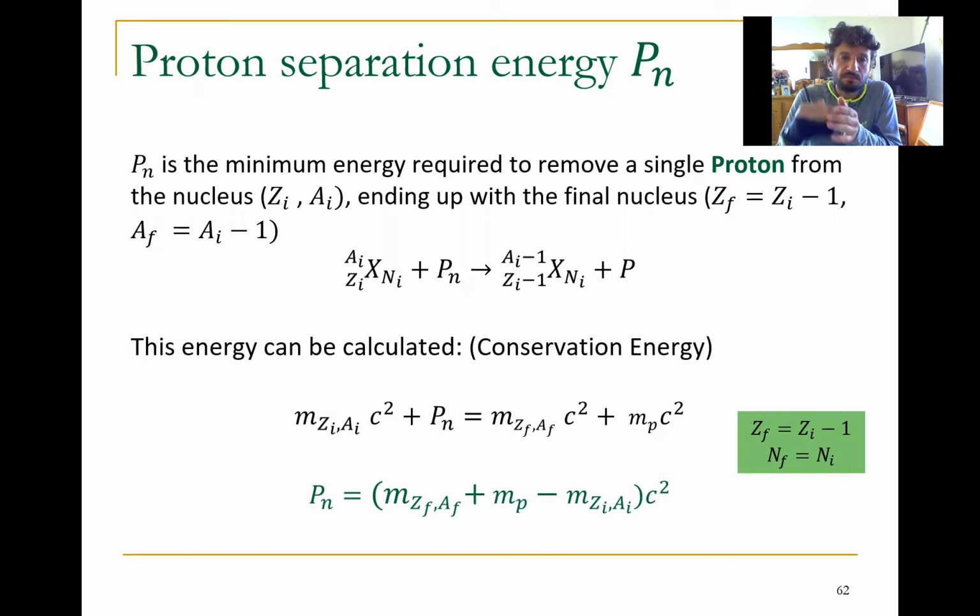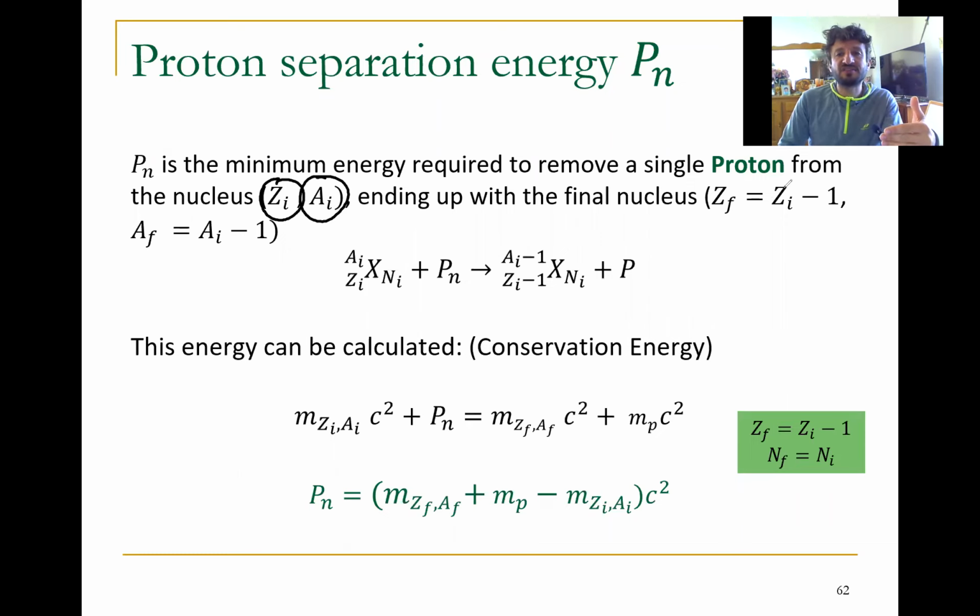Let's take now the second term. What is the proton separation energy Pn? Okay, it's the minimum energy required to remove one proton from the nucleus. So initially we have Zi, Ai, and finally we will lose one proton.